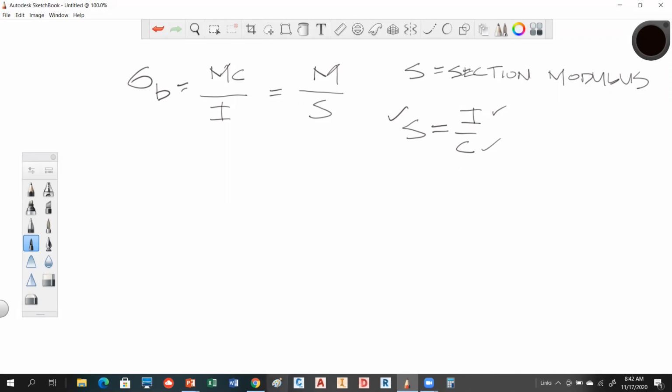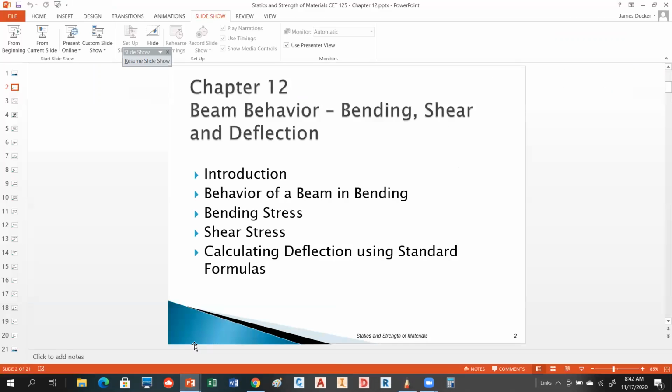All right. So let's go back. The next thing I want to handle is deflection. So this is the stuff that we didn't get into the other day, was deflection on a beam. So we want to look at that, and then we're going to jump into a little bit on chapter 13. Okay. All right. So let's see.